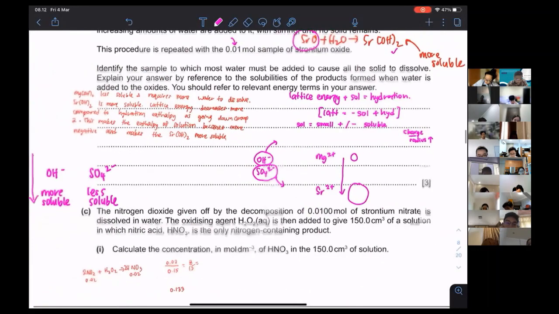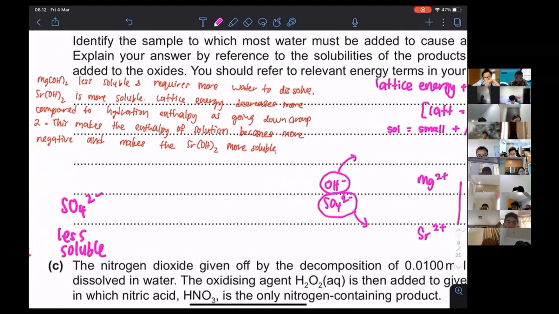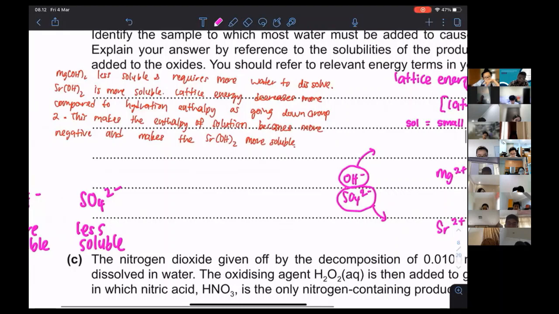So here, if you look at hydroxide, lattice energy decreases more. I've shared this in your WhatsApp. Lattice energy decreases more compared to hydration enthalpy.